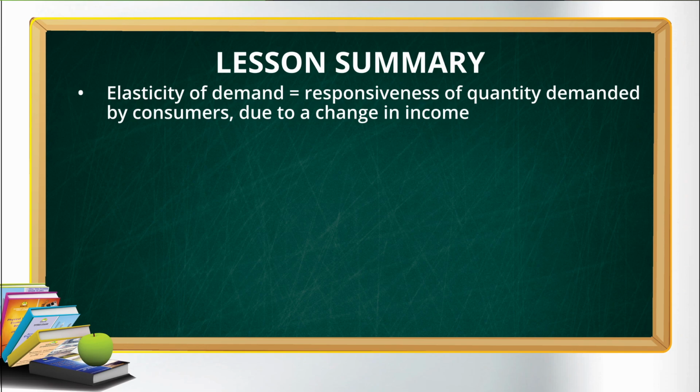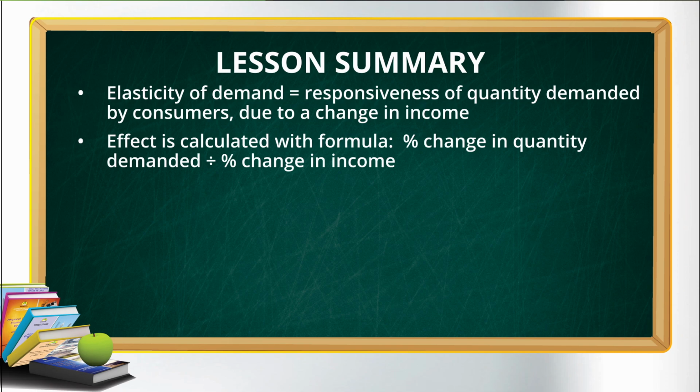Viewers, we've come to the end of our first lesson in our 5-part series for NAMCOL Economics Advanced Subsidiary level. Now, before we go, let's quickly have a recap on today's lesson. We spoke about elasticity of demand and said this refers to the responsiveness of quantity demanded by consumers due to a change in their income.